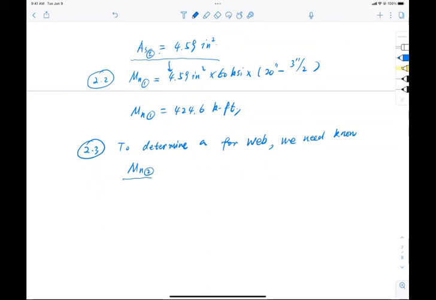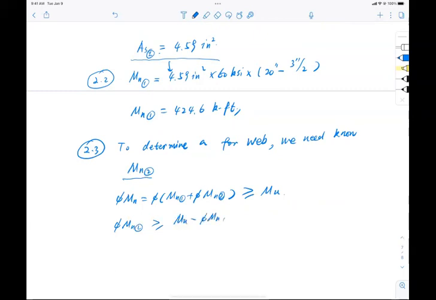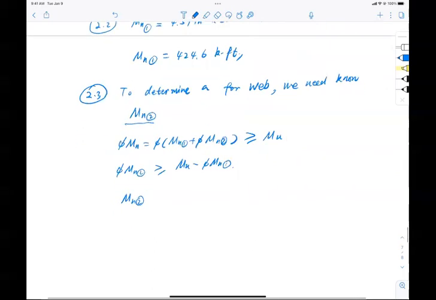Now we have a requirement that phi Mn equals phi Mn1 plus phi Mn2 has to be greater than or equal to Mu. So in this case, phi Mn2 would be equal to or greater than Mu minus phi Mn1, or Mn2, that is the web moment, has to be greater than or equal to Mu divided by phi minus Mn from the flange, Mn1.